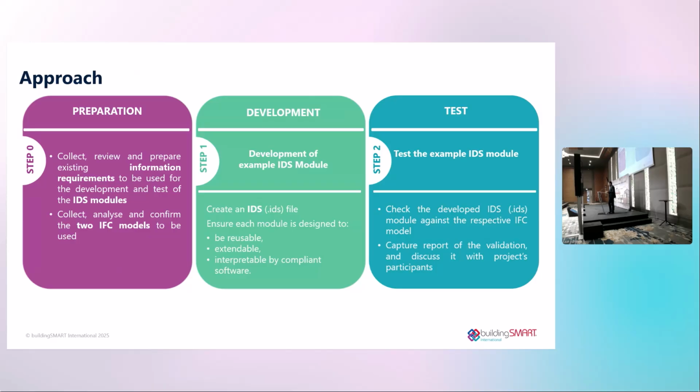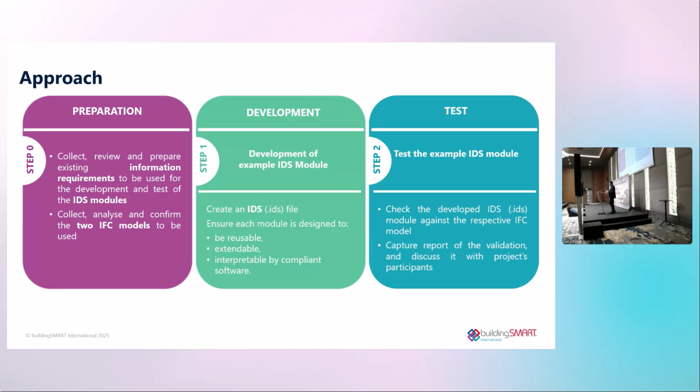Step 1 is developing the example IDS modules. That means we have to create IDS files which are extendable and reusable, and which can be interpreted by compliant software. When we have our IDS modules, we start to test them against the IFC models.